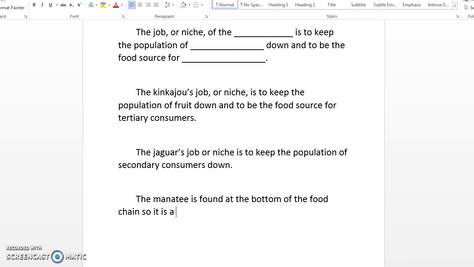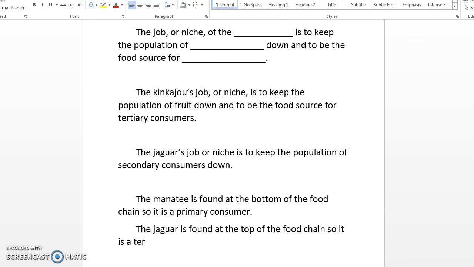So it is a primary consumer. Or you might say the jaguar is found at the top of the food chain. So it is a tertiary consumer.